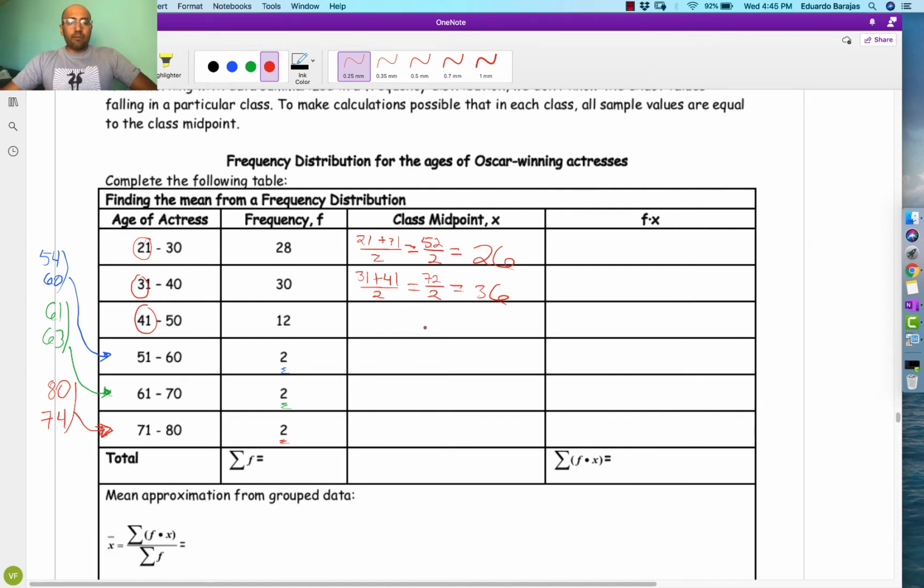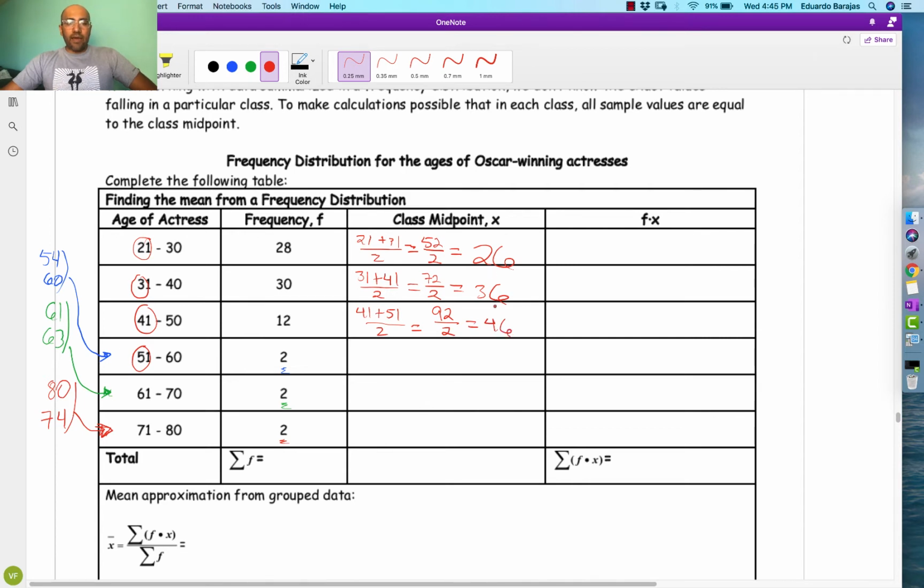Okay, we start to see a pattern. That's usually what happens. Let's do the next one. 41 and 51. 41 plus 51 divided by 2. That's going to be 92 divided by 2, which is 46.